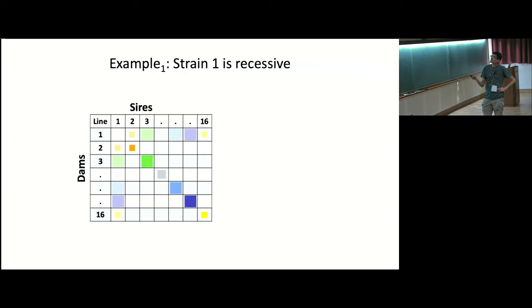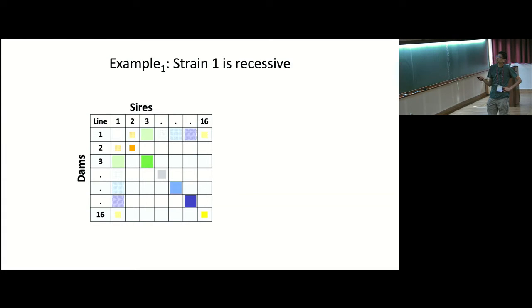Now, let's imagine that strain 1 has a bunch of recessive alleles. Then when line 1 is crossed with these other lines, the resulting phenotypes should tend to look like what the other line was on its own.